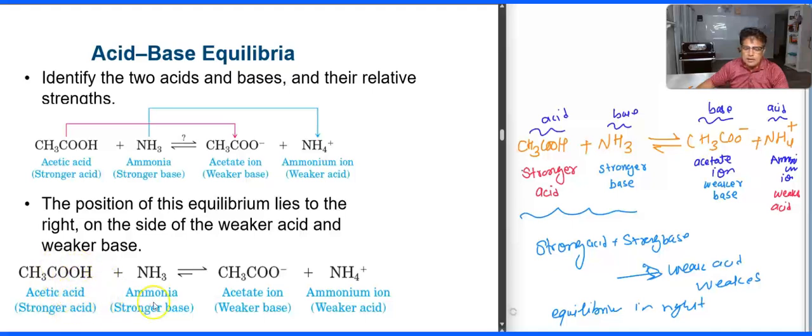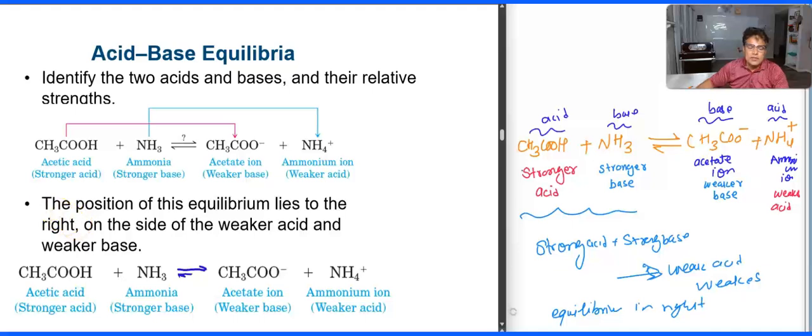Here this is NH3, again the CH3COO minus, NH4 plus. So the right hand side is longer, you see, right? It means about 95% is on the right hand side, 95% will convert CH3COOH plus NH3 into these two, and only 5% returns back. It means the equilibrium shifted to the right hand side.